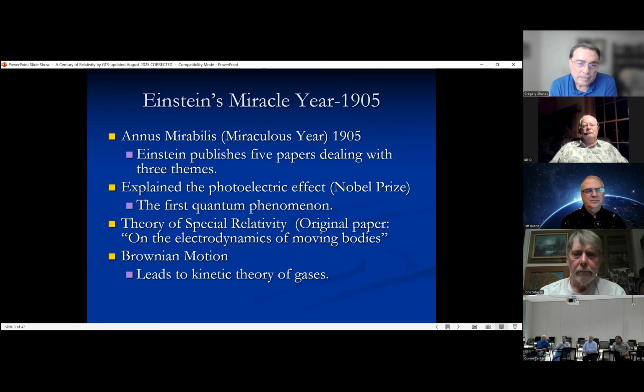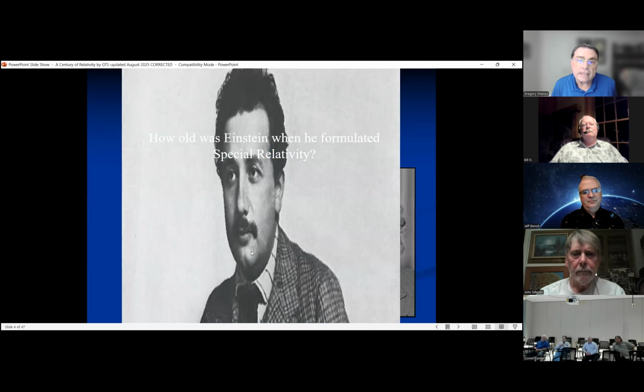And Professor Brown was a botanist, and he was studying pollen under the microscope, and it was suspended in water, and the pollen kept moving; it wouldn't stop moving. And so this was the first evidence that molecules are in motion. And this has been applied to the kinetic theory of gases. So those are the 3 seminal papers that he published during this year.